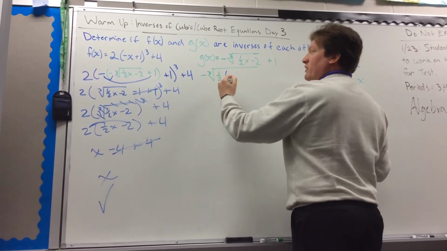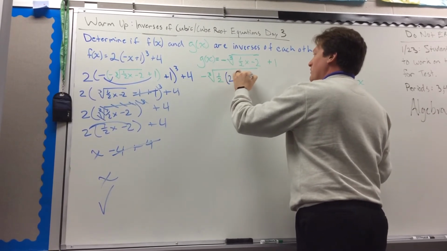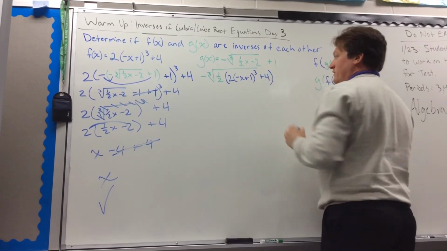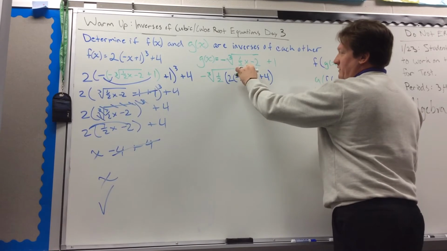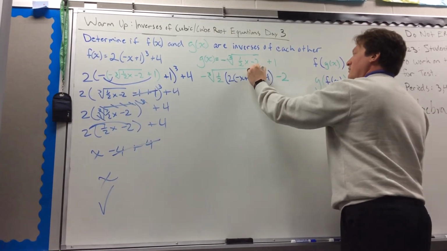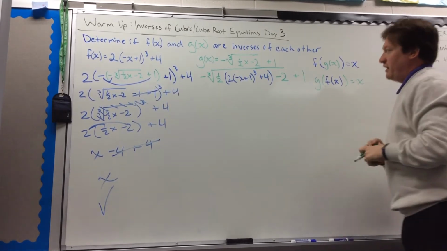So here, open parentheses, we have 2 times negative x plus 1 cubed plus 4. Close your parenthesis there. If this was x, then we also need to write minus 2. Finish off that radical, and then put plus 1 right there.